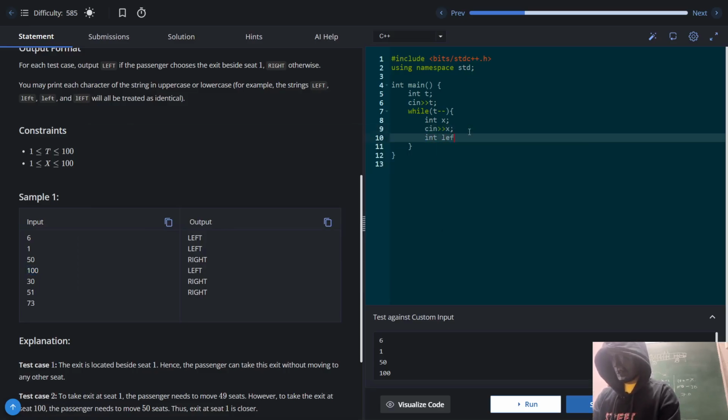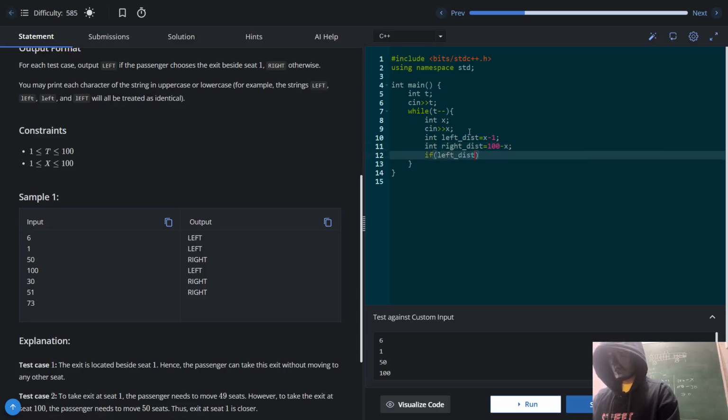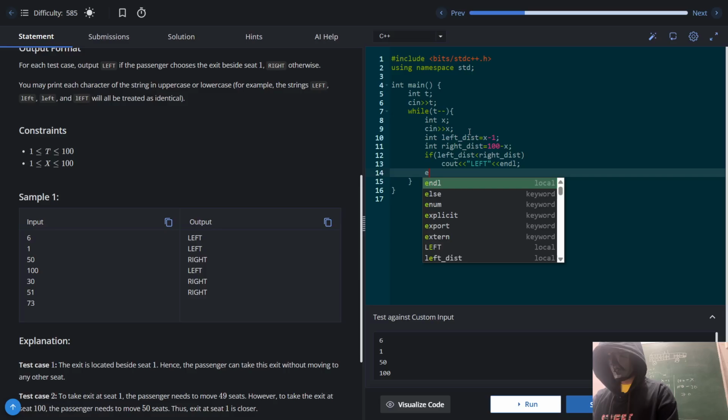We'll take one variable, left distance, which as you saw will be x minus 1, and an int right distance, which will be 100 minus x. We'll check if the left distance is less than the right distance; in that case the person will choose left, else he will choose right.